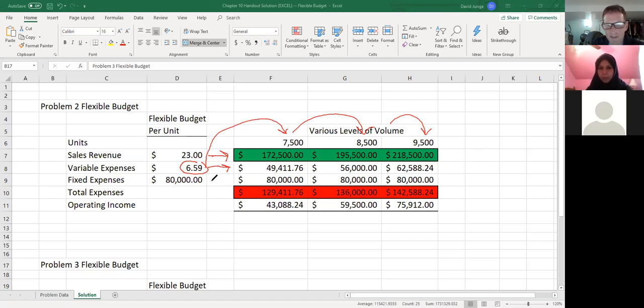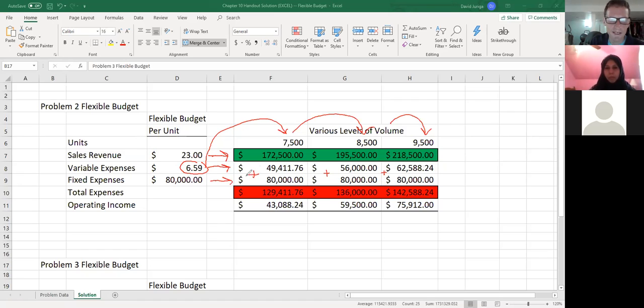We already said the fixed cost is constant, so we just copied the 80,000 for each column. And at that point, that's most of the puzzle, because what I highlighted in red is just adding your expenses together. That's your variable cost of 49,411 plus 80,000. That's where we got the 129,411. 56,000 plus 80 gives you 136. 62,588 plus 80 gives you the 142.